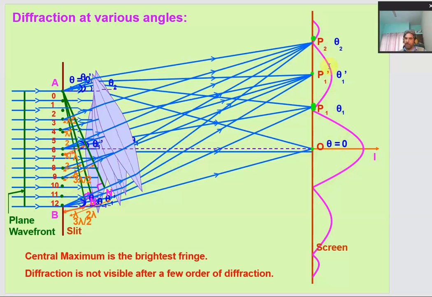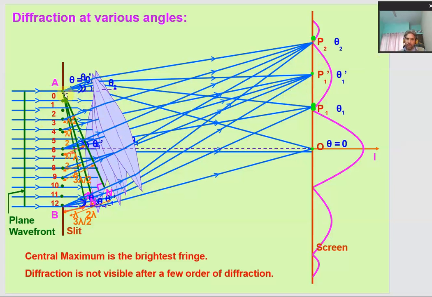This is because lesser and lesser portion of the slit is illuminating the positions of the bright fringes. For the first bright fringe, it is only one part out of three which is illuminating this point P1. So the intensity of the light is due to only one part of the slit.